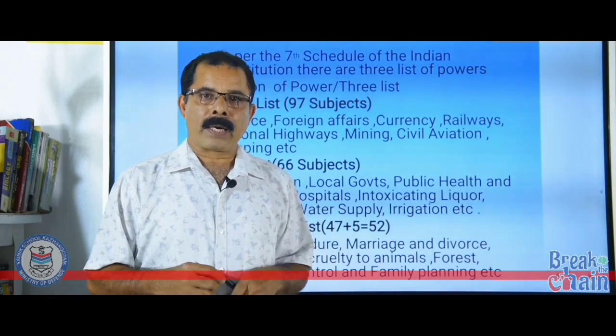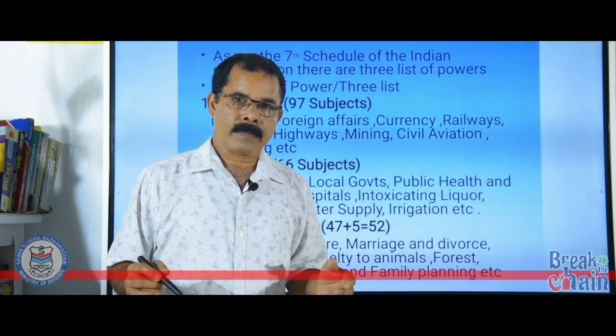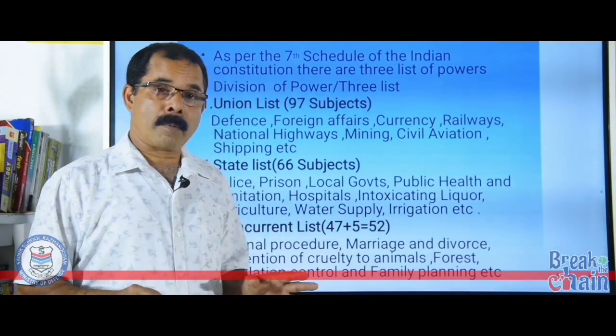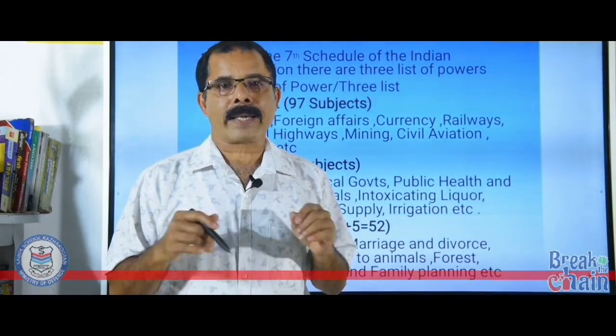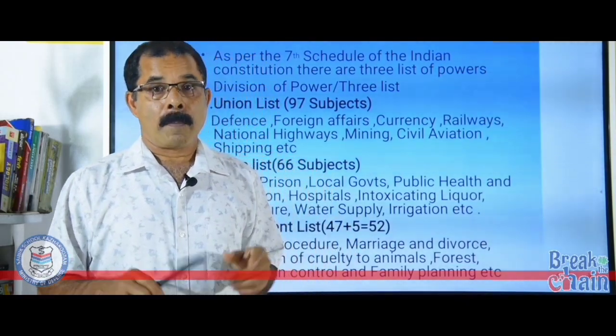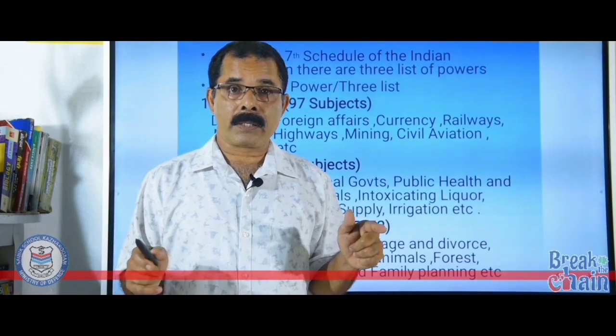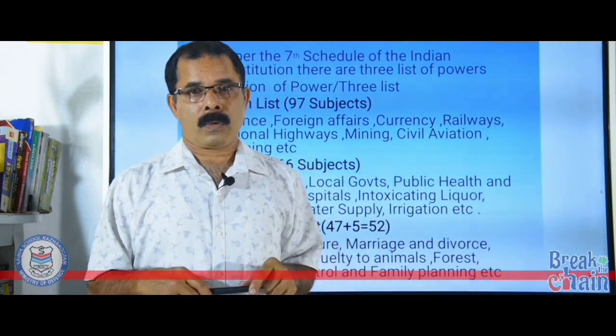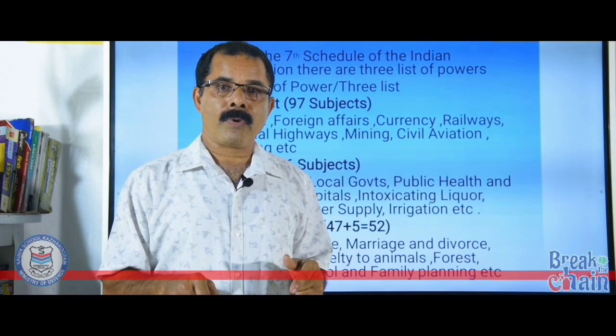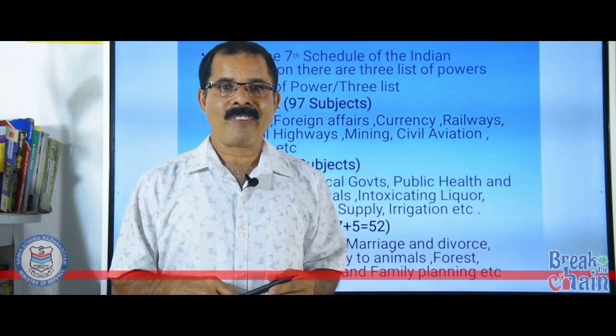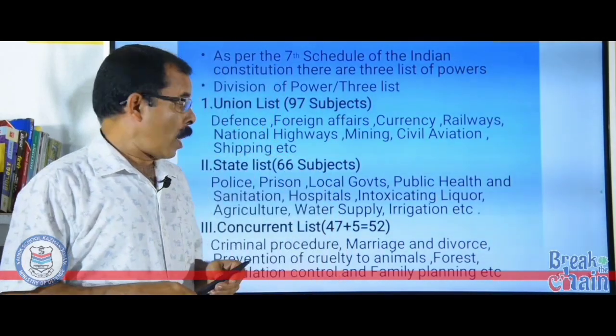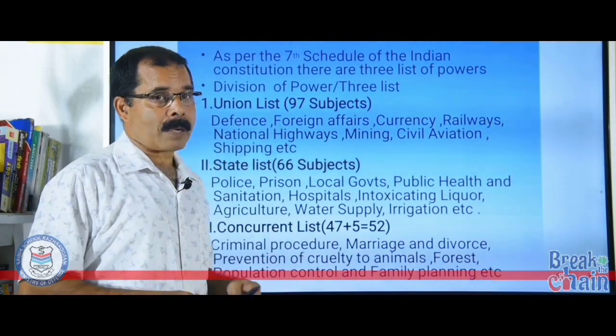What is meant by concurrent list? Children, on this subject both the state and center can make law. But of course, if there is a contradictory law, then the law of the central government will be valid. There are 52 subjects here.